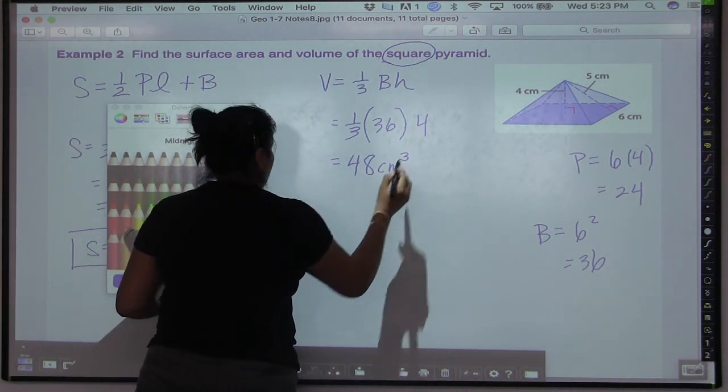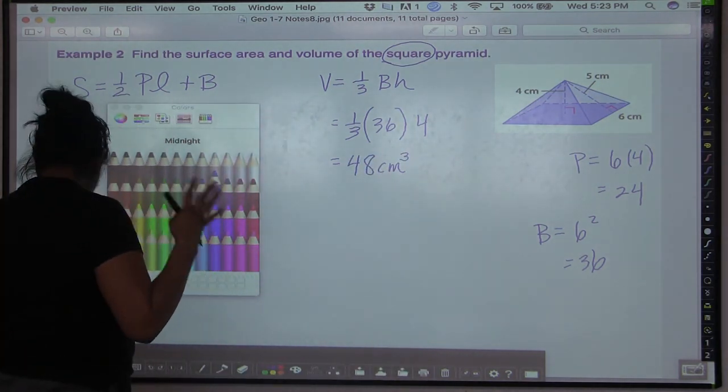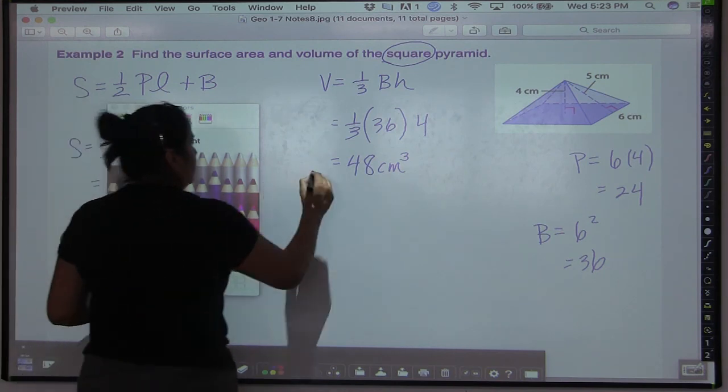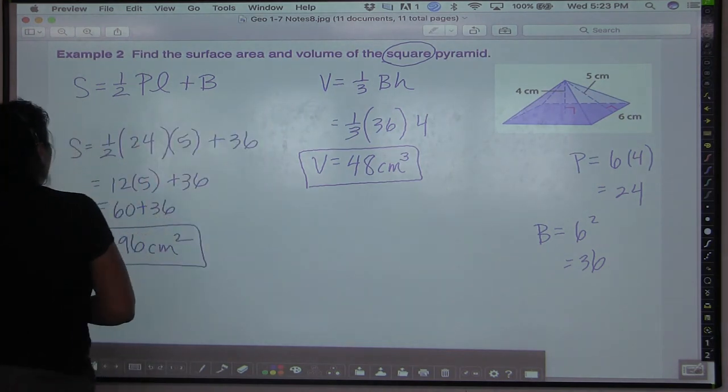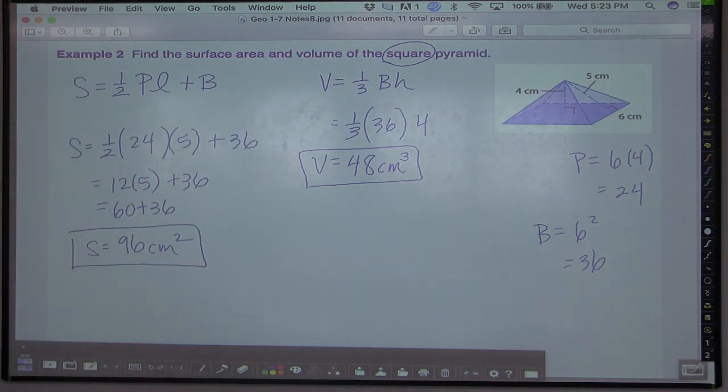And this time our units are cubed. So remember, with volume you are doing cubic centimeters or cubic units, and with area you are doing square units. All right, so that is how you do that little guy.